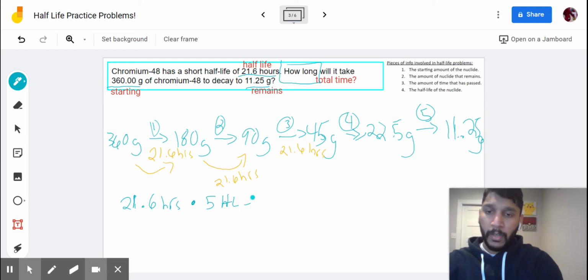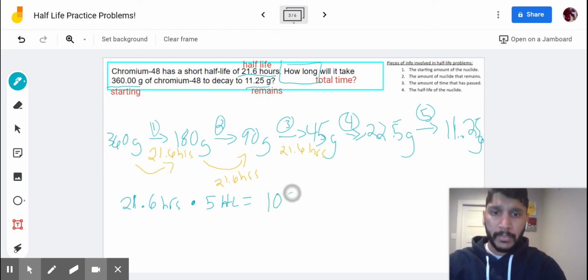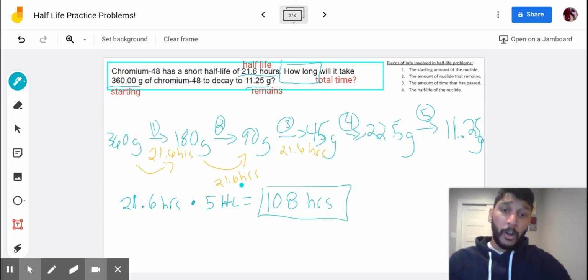All right, so 21.6 times 5, plug that in your calculator. We should get 108 hours. So our total time will be 108 hours to go from 360 grams to decay down to 11.25 grams.